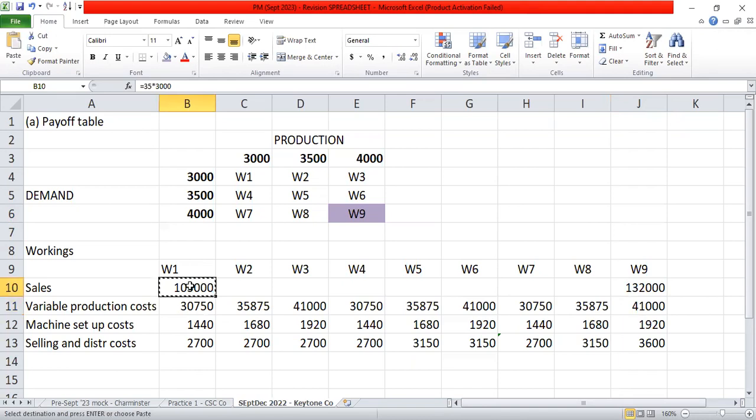Working 4, we are selling 3,000 units. Working 7, we are selling 3,000 units. Working 2, we are selling 3,000 units. In working 3, we are selling 3,000 units.